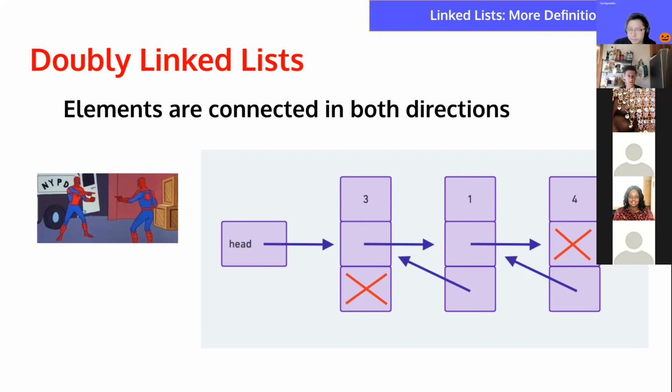In this example, 3 knows that it points to 1, but 1 also knows that it points to 3, and that 3 is the previous node. Wen-Tao went over how with a singly linked list, the last node is going to have a null pointer because it has no next. The analog to that in a doubly linked list is that the head, or the first node, has a null pointer in its previous because the first node has no previous.